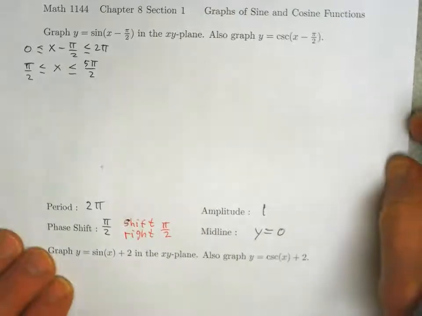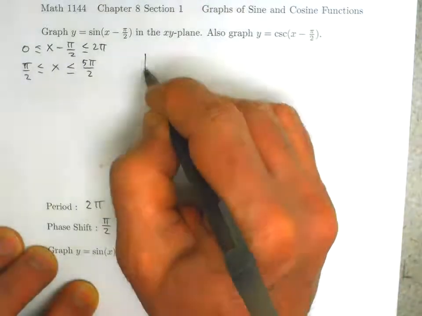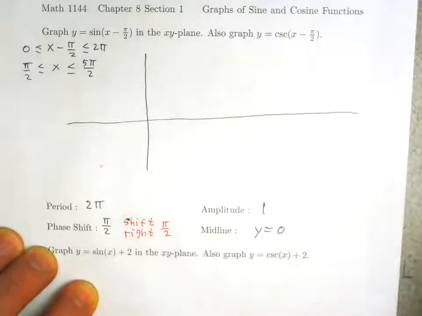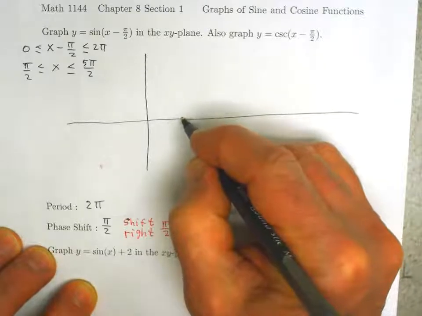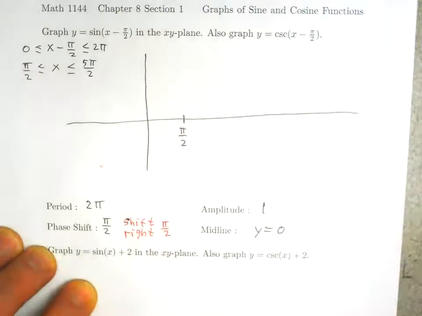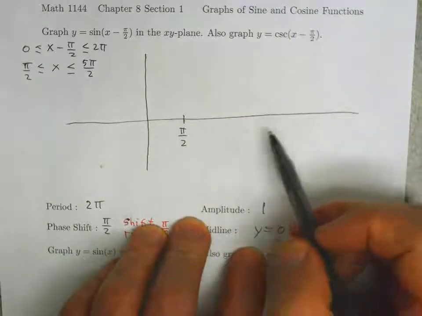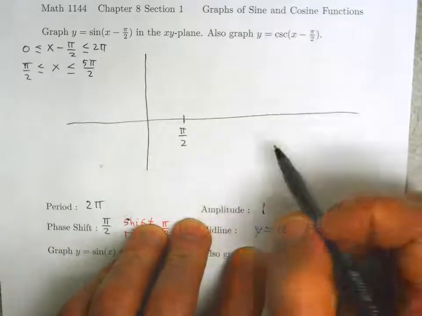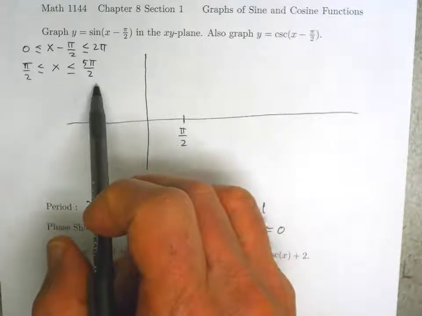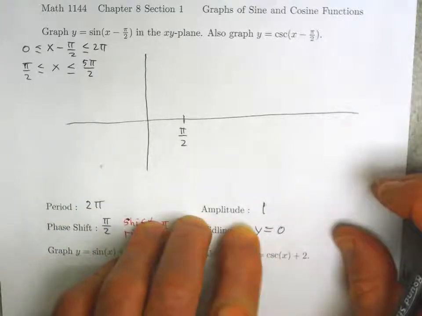Okay, so in graphing one period of this function, we want to start the period at pi over 2. So this is our left endpoint. And then I'm going to divide the interval from pi over 2 to 5 pi over 2 into 4 equal subintervals.